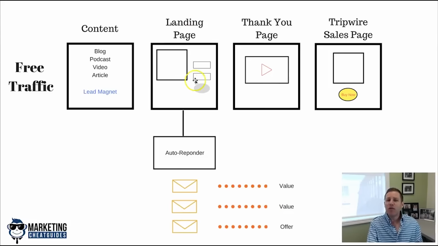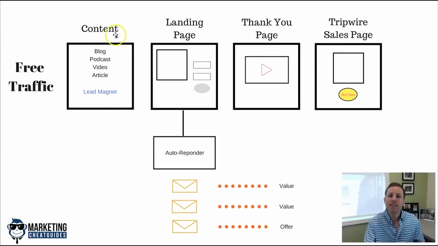And once they've downloaded your lead magnet or content upgrade, they get sent to a thank you page, and on that thank you page, you may have a video where you're trying to sell them your tripwire, where you're trying to sell them some other product or service that you have. But this is the flow that you're working on. So if you're using free traffic, you need to understand the components that you need to pull together in order to move them through this automation or this marketing system, right?